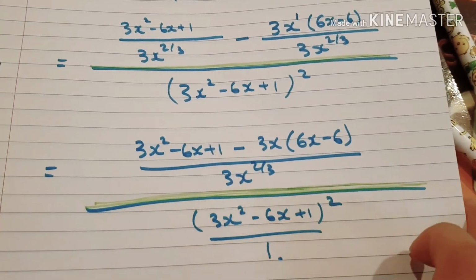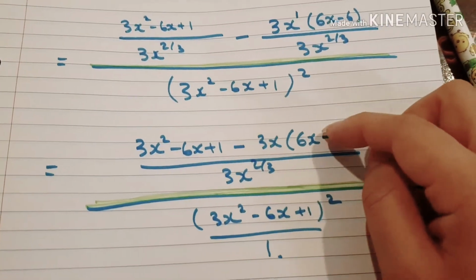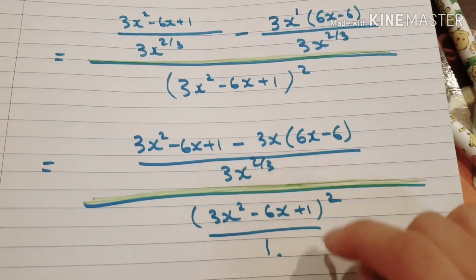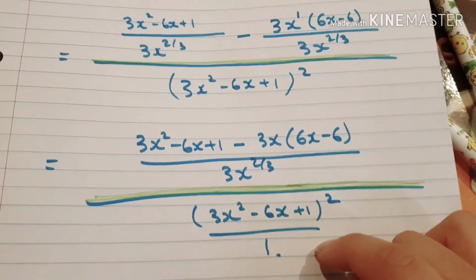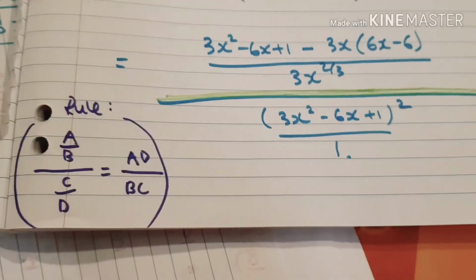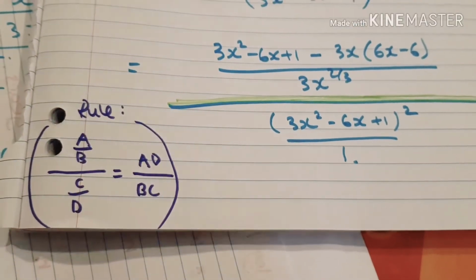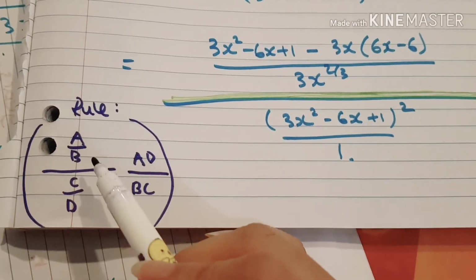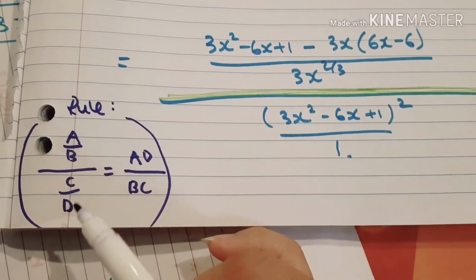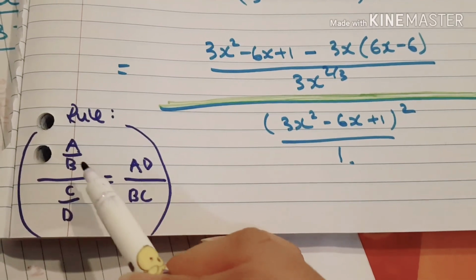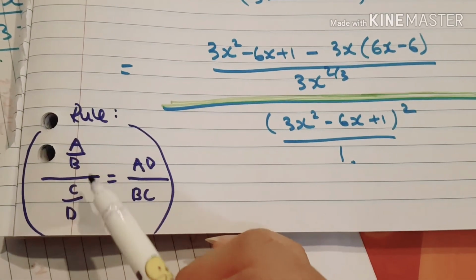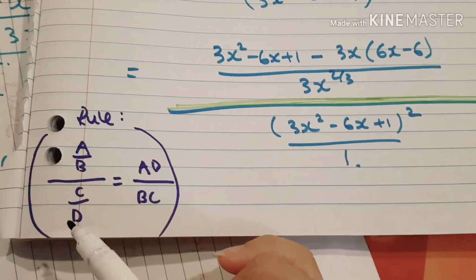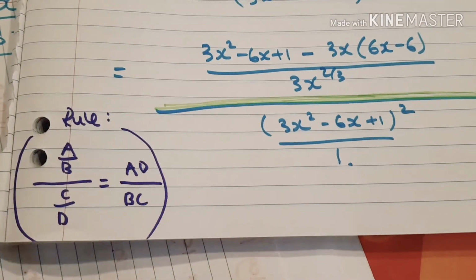I just merge these together into one single fraction, and the bottom one stays as it is. Okay, so this is the main fraction, a over b over c over d, right? Remember the rule. How do we do this? Here you go, remember this? So fraction over fraction, a over b over c over d: I'm going to multiply b and c, pull it down there, multiply a and d, and that goes at the top.